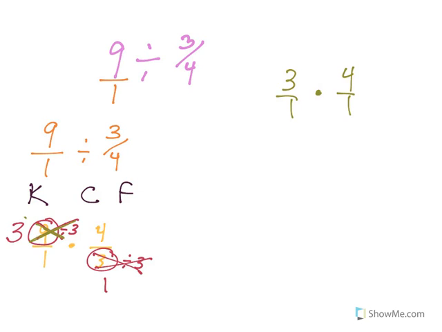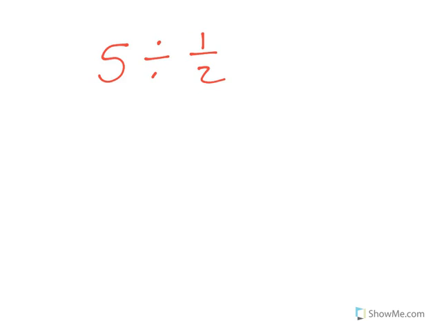When this goes away, we're left with 3 over 1, and when this part goes away, we're left with 4 over 1. Now I can multiply straight across, and I get 12 over 1, which is the same as just 12. So 9 divided by 3/4 is 12.